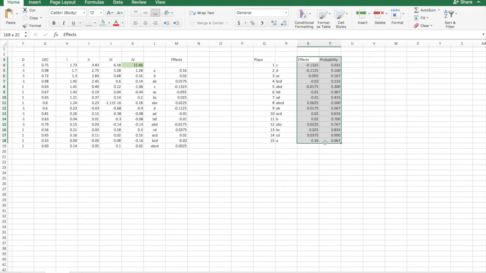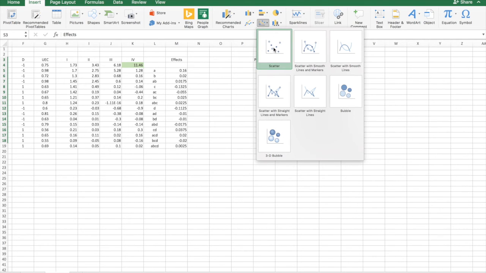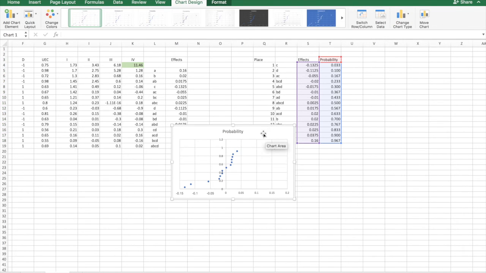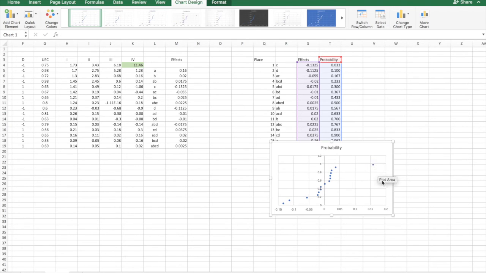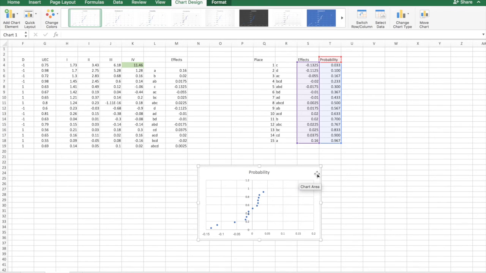So we're going to graph this one, a scatter graph. I'm going to edit this graph to make it prettier.